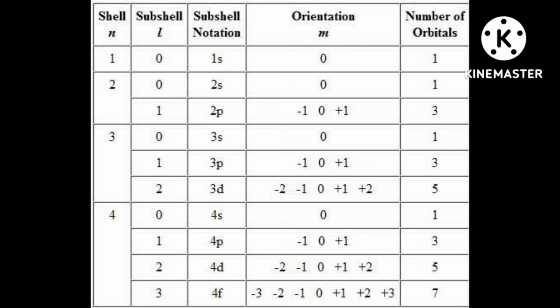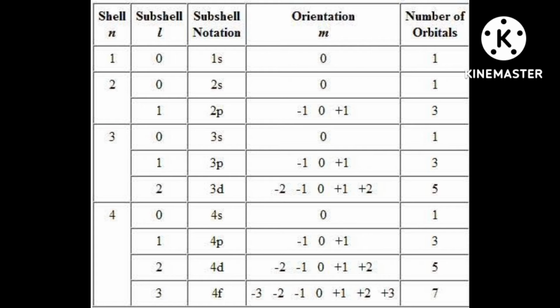And this 3 you are using because the orbit number is 3. Hence under the 3, all are coming: 3s, 3p, 3d. Like that way, 2 you are using because under the 2 there are 2s and 2p. And under the 1, only 1s is there. So for n is equal to 1, 1s.